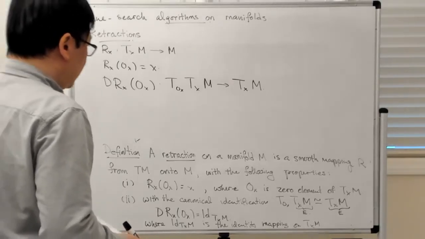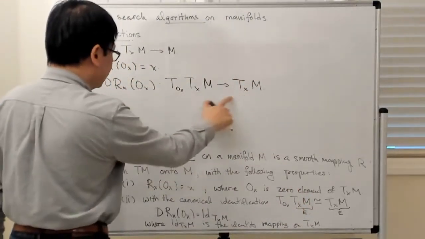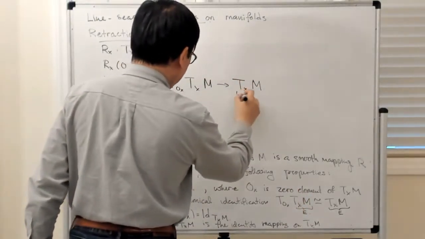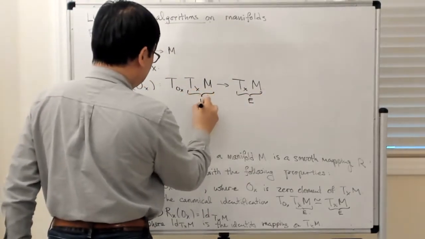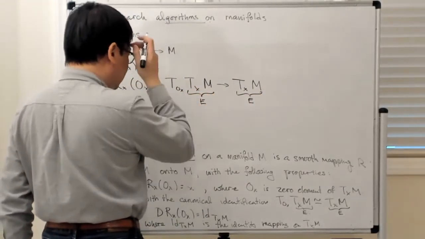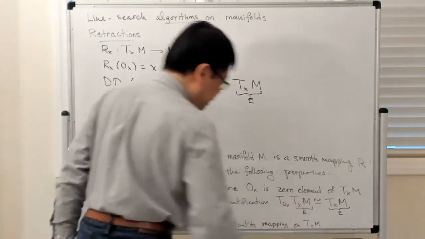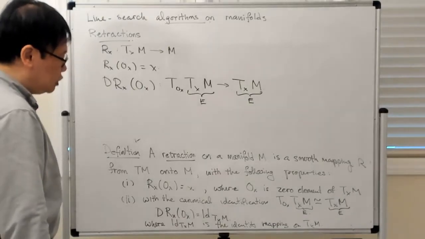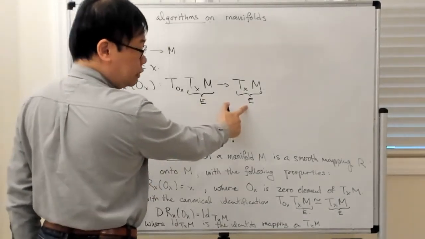Okay, so it's this map. And again, if you think of this as being some sort of vector space, this is a map from the tangent space of a vector space to that vector space, and this is where we invoke the canonical identification between the tangent space of a vector space and the vector space itself, right?